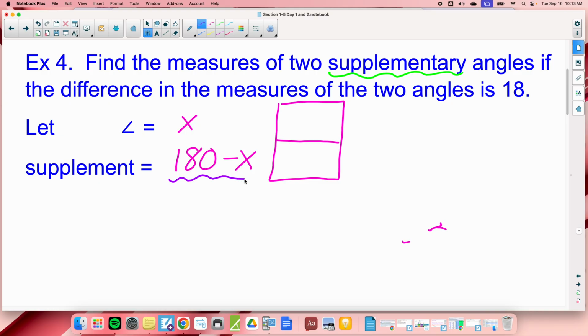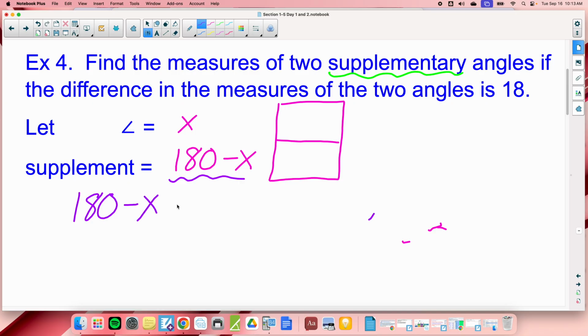I don't know why, but I do. It just is the one with more, okay? If I'm having to subtract, I always put the ugly one in front so I don't have to do parentheses and distribute the minus sign. So I would go the ugly one, and I want to find the difference in the measures.